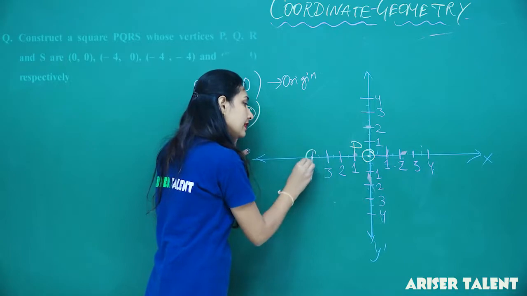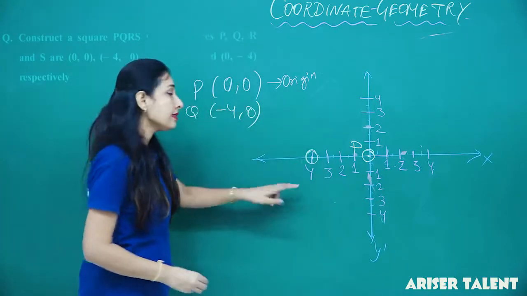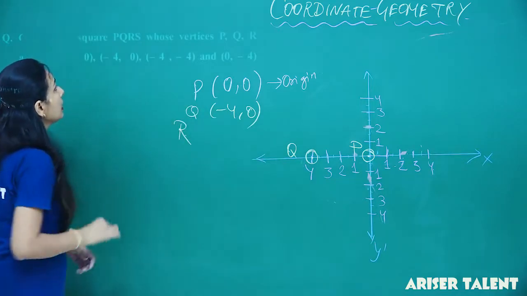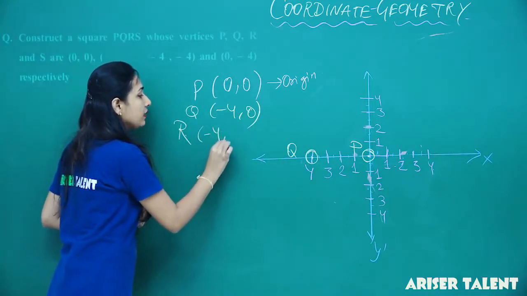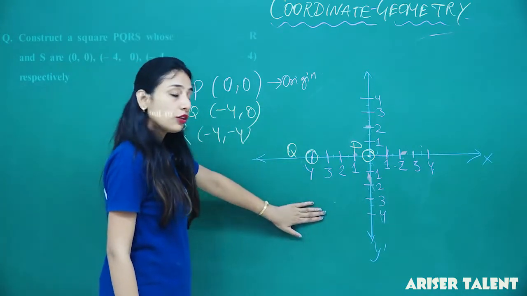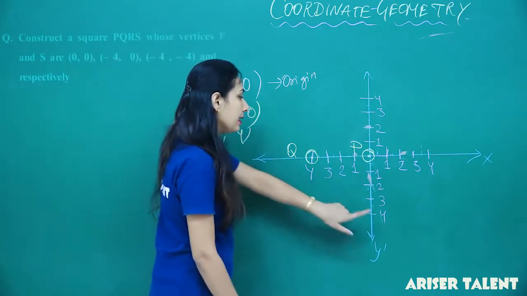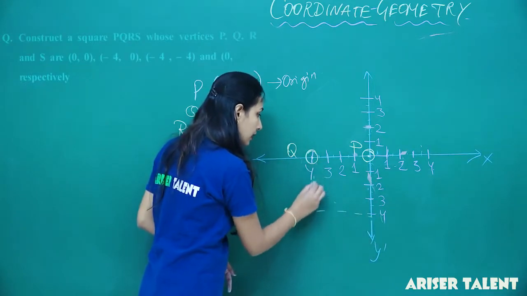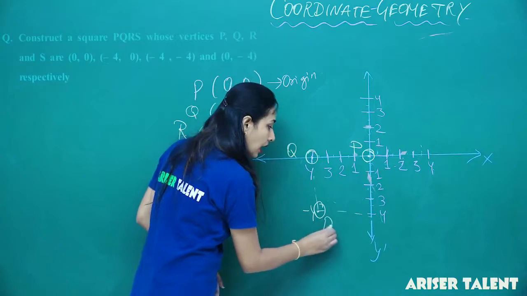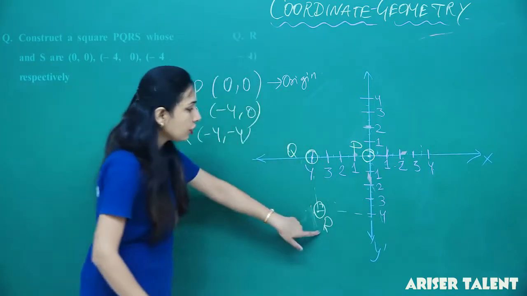So the second point is here. This is Q. Now R is -4, comma -4, that means the third quadrant, and -4 here and -4 here. So it will go something like here, and this is your point R.